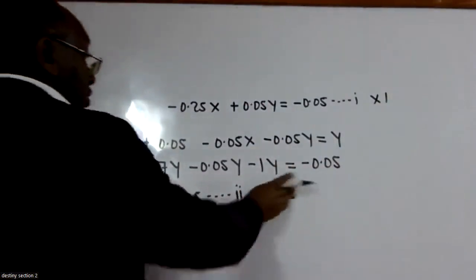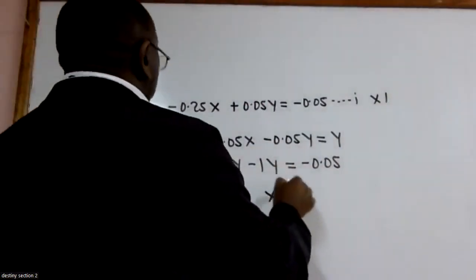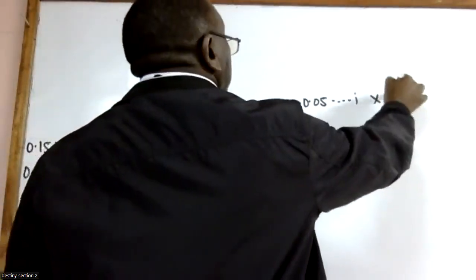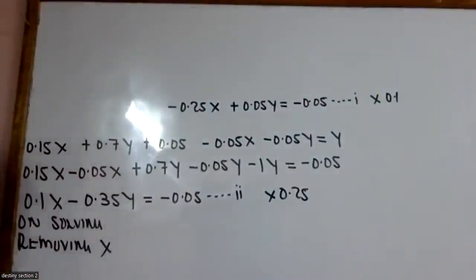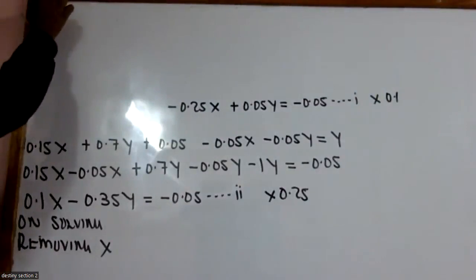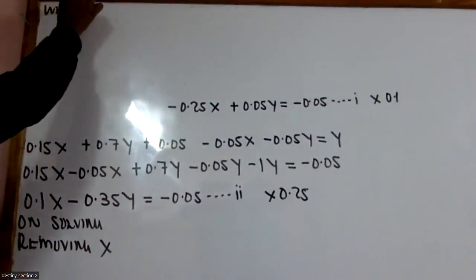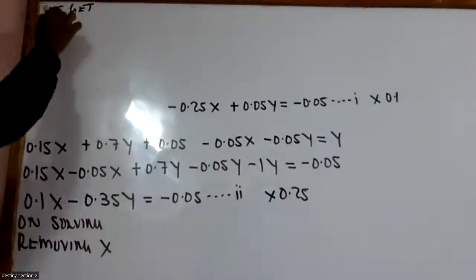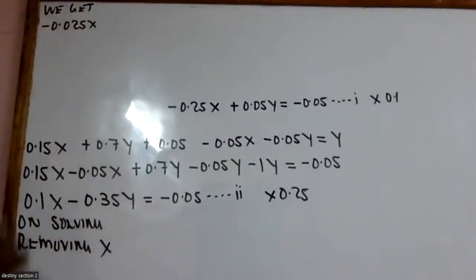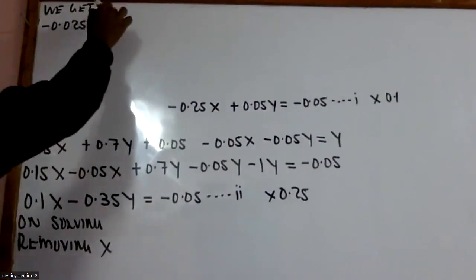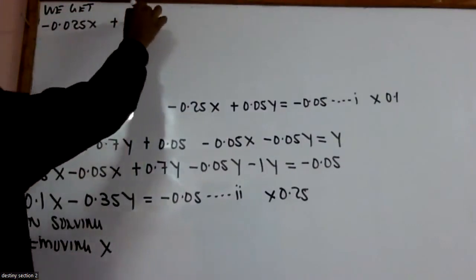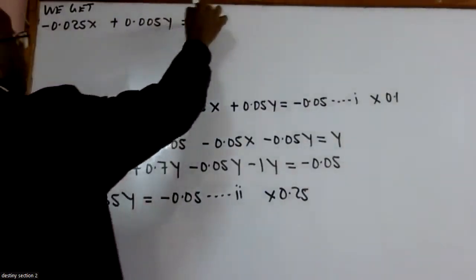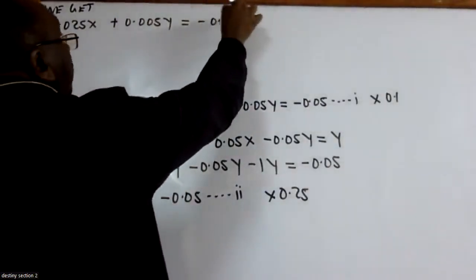Now let me use the decimals. Here I multiply by 0.1. So we get this one will be negative 0.025x plus 0.005y equals minus 0.005.